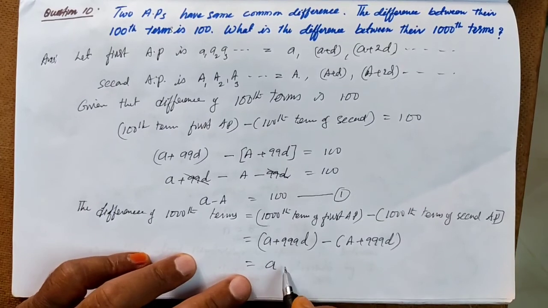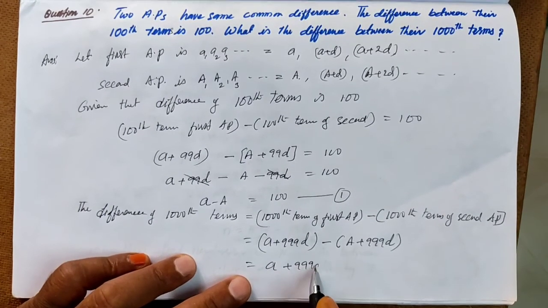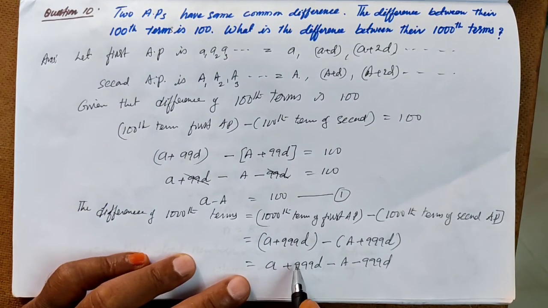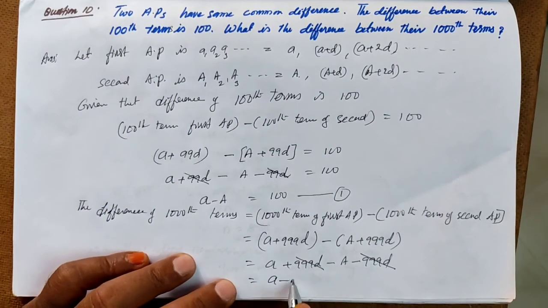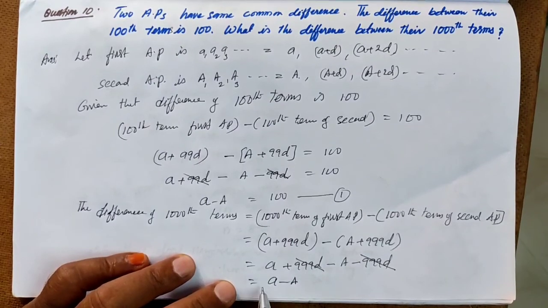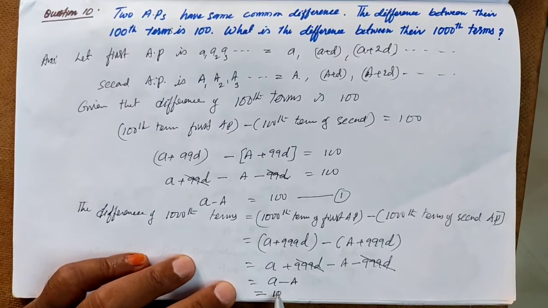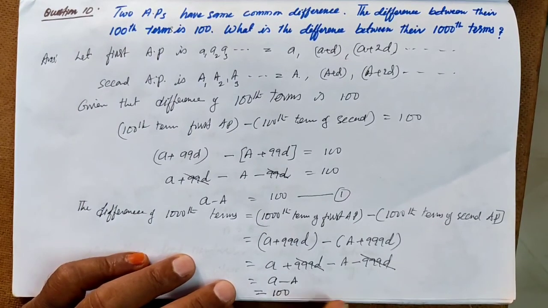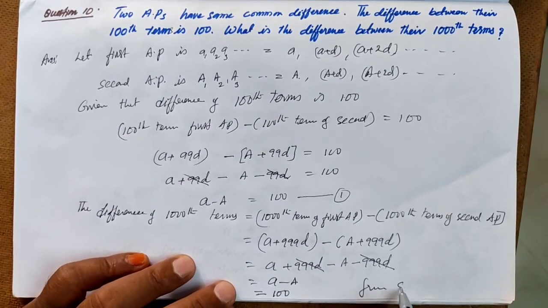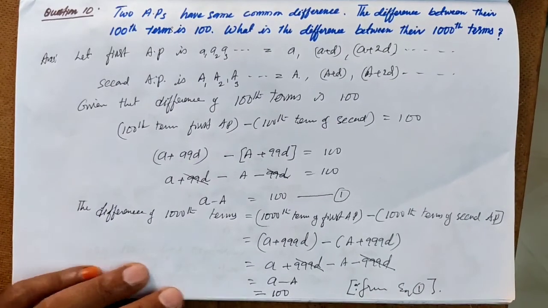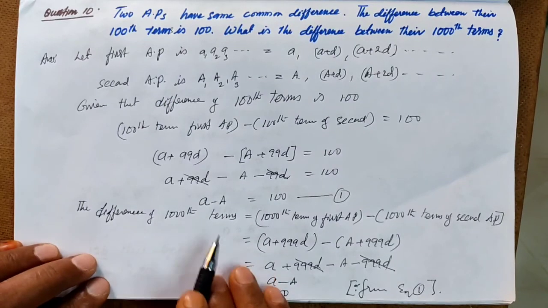Now a plus 999d minus capital A minus 999d. Now plus 999d minus 999d cancel, which is equal to a minus capital A. So what is a minus capital A? From equation 1, it is equal to 100. So the difference of the 1000th terms is also 100.